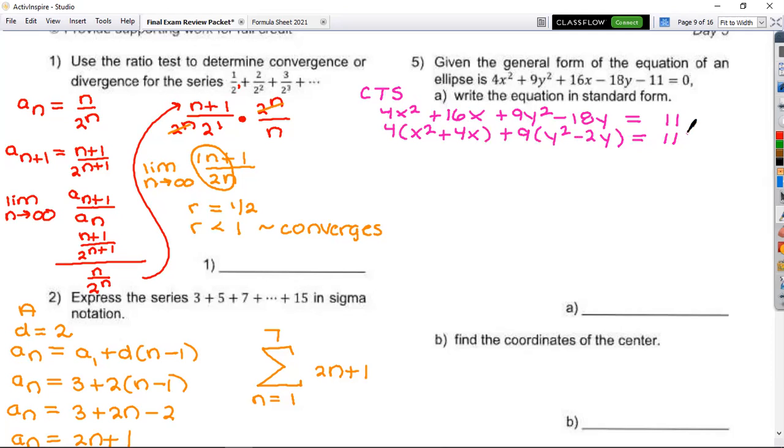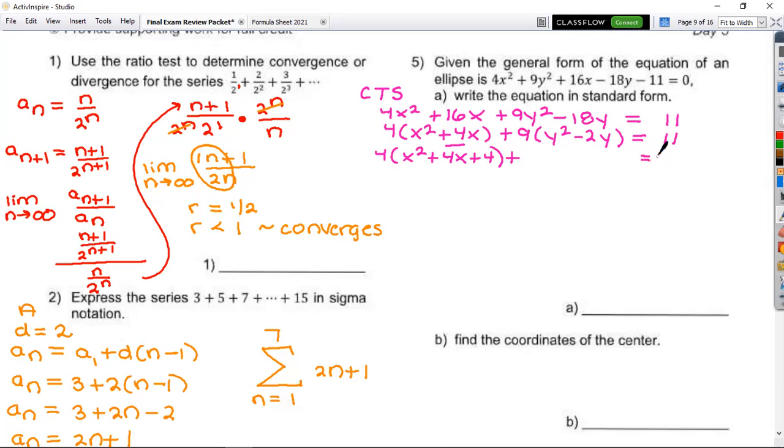And now you're going to do your completing the square. So you're going to look at the 4. You're going to take half of it to get 2, square it and get 4, and you're going to place it right in that parenthesis. So that gave me a 4. And then when I go over to the other side, what I have to remember is this is 4 times 4.